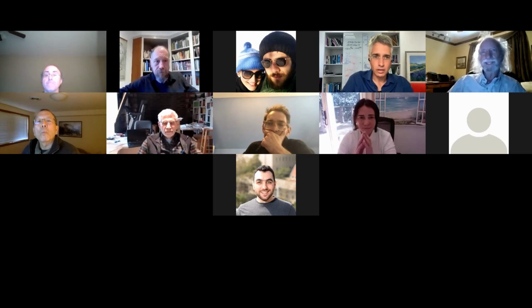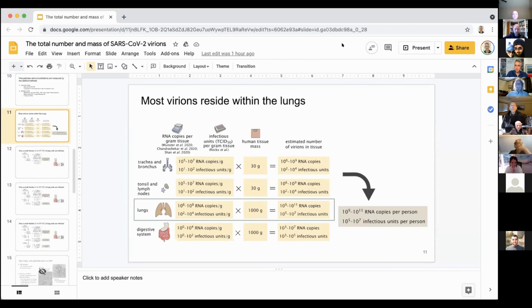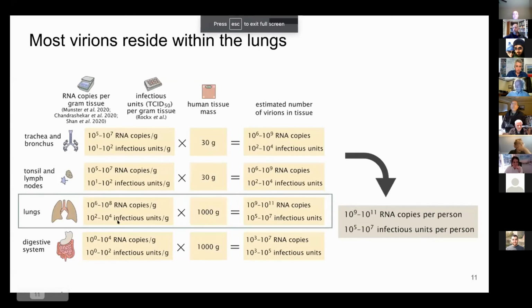Yes, I don't know if this answers your question, but if you look at what I've just shared here, in the digestive system, even though the overall mass is large, kind of like the lungs, the values that we found reported for the number of RNA copies or infectious units are close to the detection limit. So even though it exists there and you can find it in, say, PCRs, if you do the multiplication, you're orders of magnitude away.